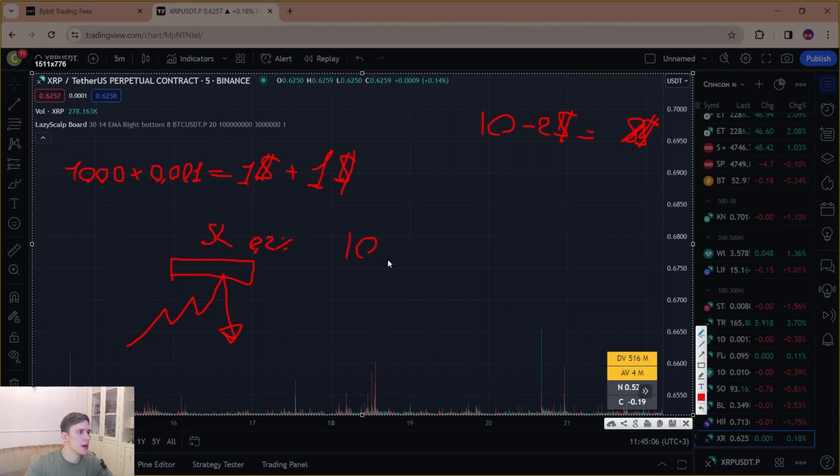We multiply 1000 by 0.002, it will be 0.2%. We will get $2, plus $1 for entry and $1 for fixation. Finally, our potential loss will be $4 in total if we have a stop loss hit.